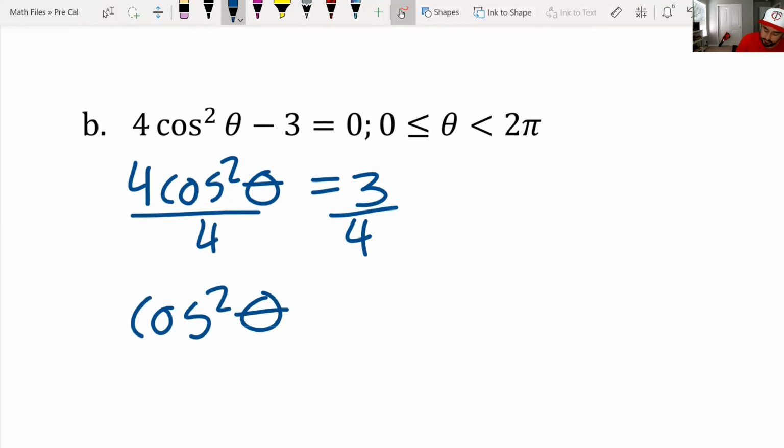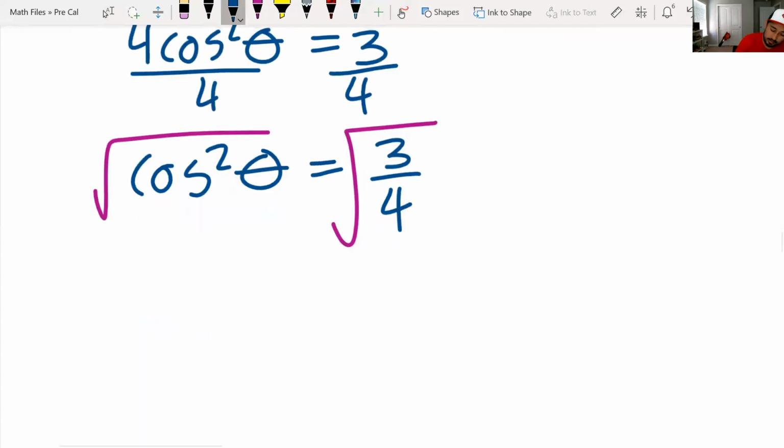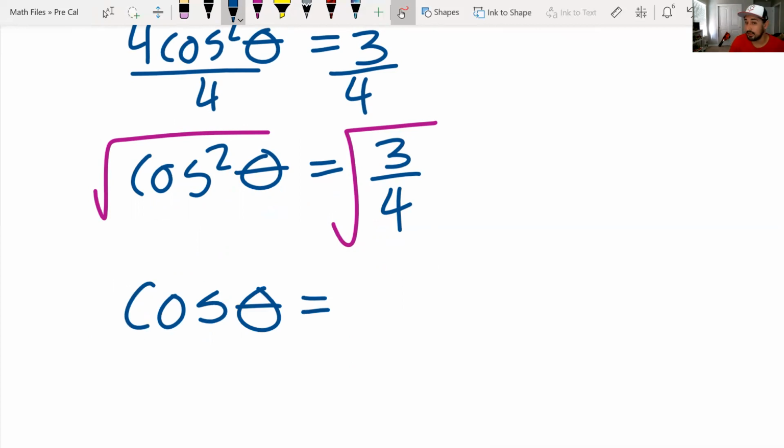Cosine squared theta equals 3/4. Then you will square root both sides. And you'll get cosine theta equals, don't forget the plus or minus, square root 3 over 2.